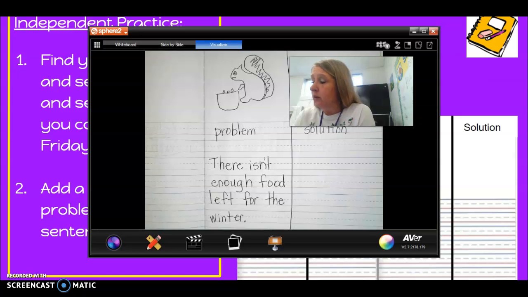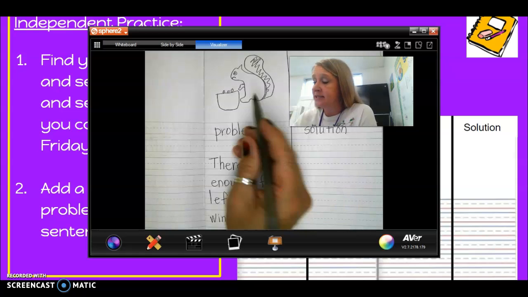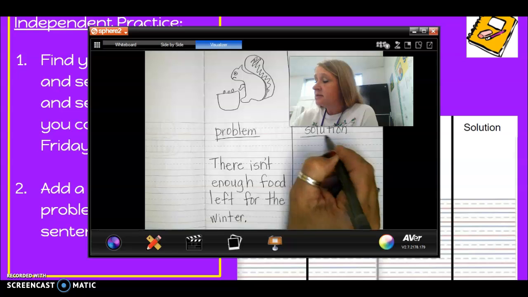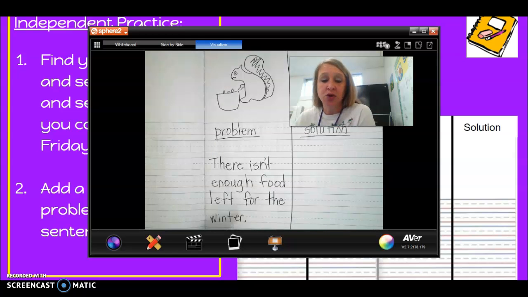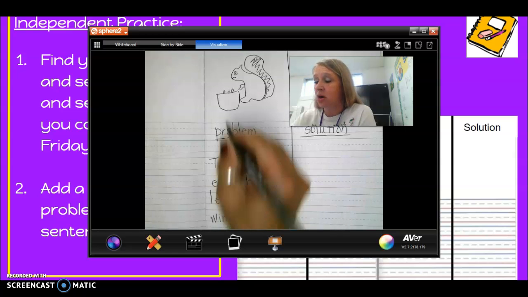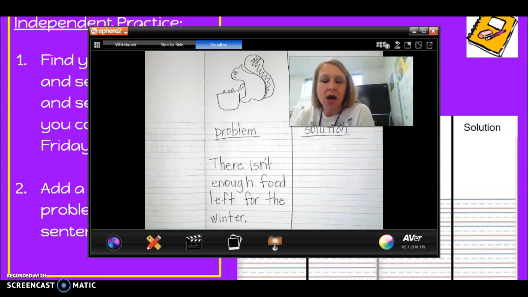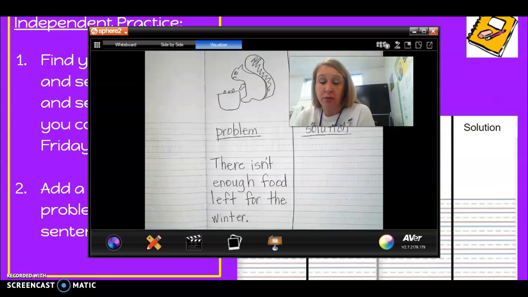So tomorrow we will come back and write a solution and draw a picture of the solution for the problem that we're writing today. So the problem for my squirrel is that there isn't enough food left for the winter. He's running out of pecans. Okay, so I am going to think about what he can do to solve that problem for tomorrow.